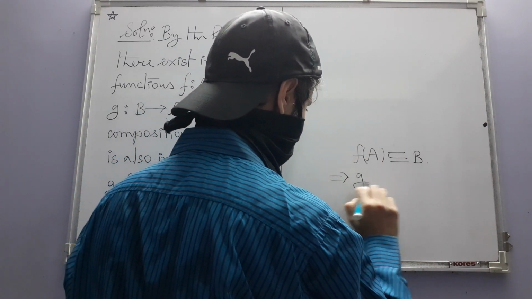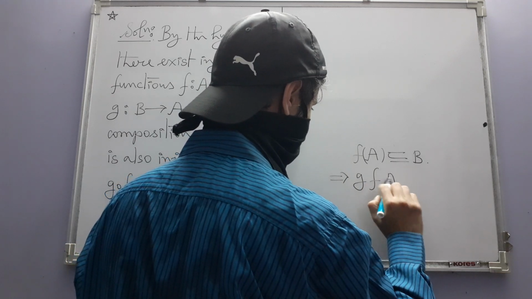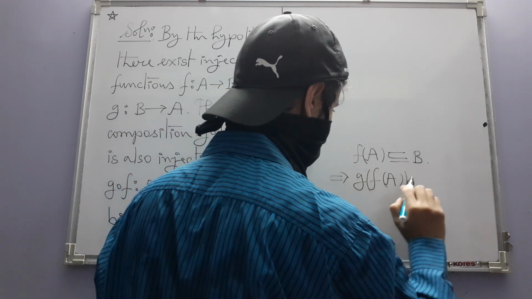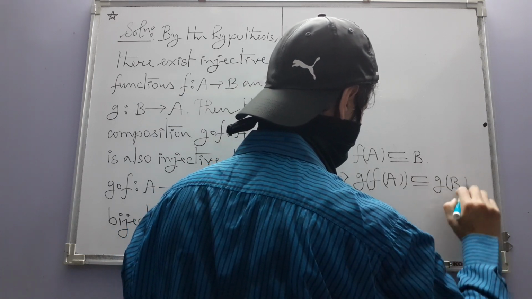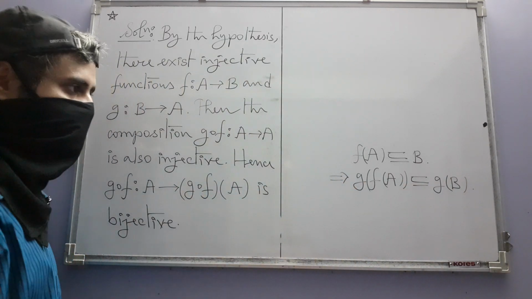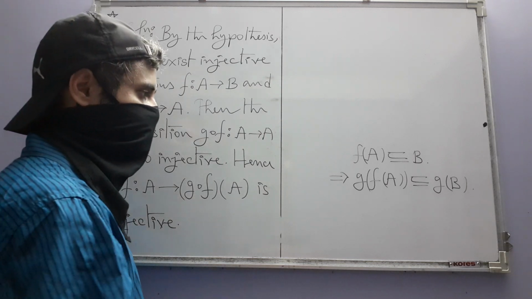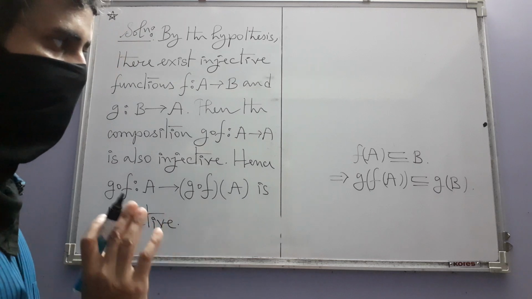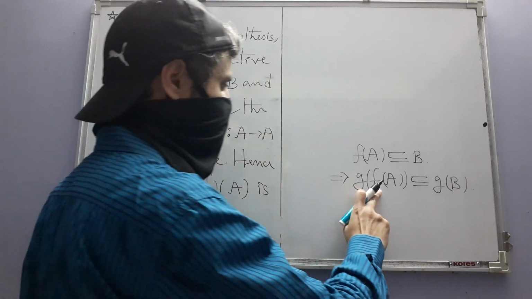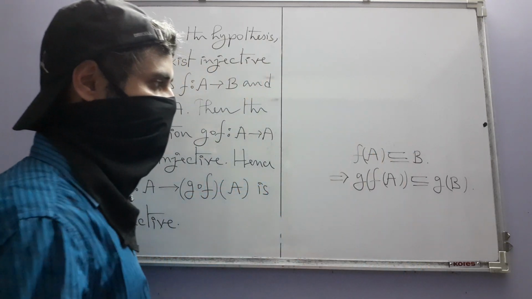It means that g(f(A)) is a subset of g(B), because we already know from the theory of functions that direct images of sets in the domain of a function behave well with containment.